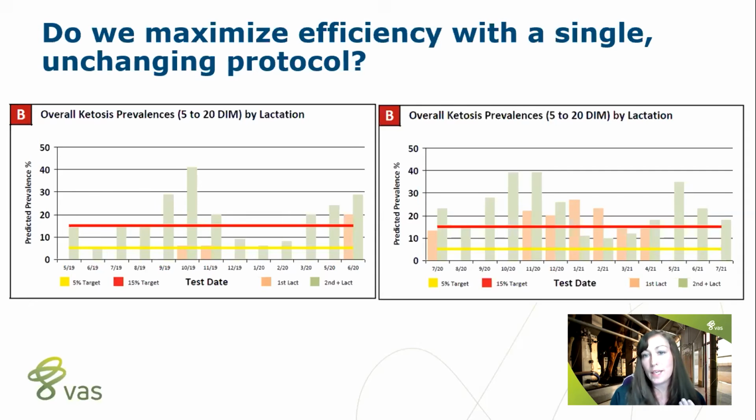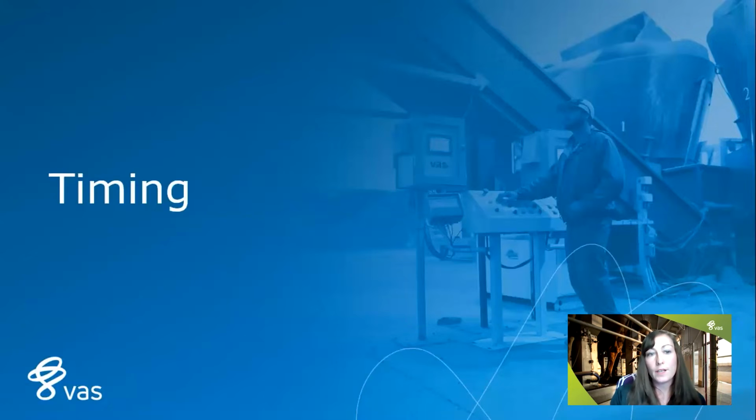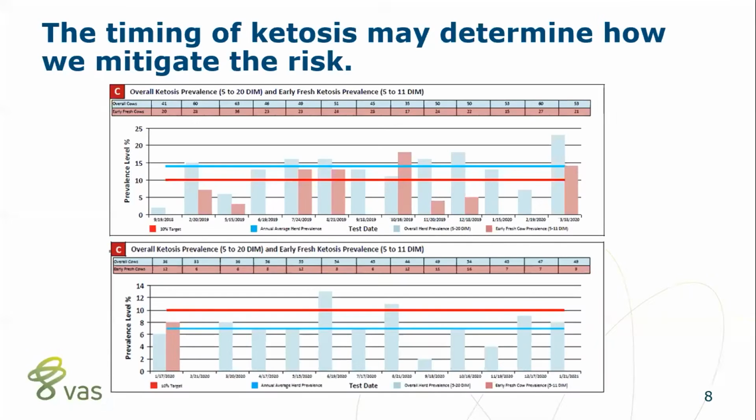So in these charts, we're looking at that overall prevalence for all cows 5 to 20 days in milk. We can break that down further and look at the impact of timing on ketosis. Are we seeing it in our early fresh cows, or are we seeing it across the board? And knowing the timing of ketosis might determine how we mitigate the risk and who we're focusing our attention on.